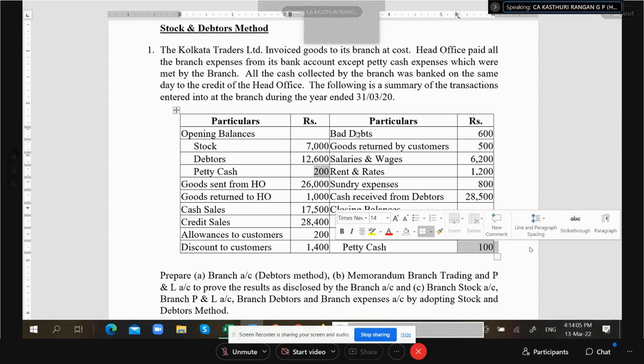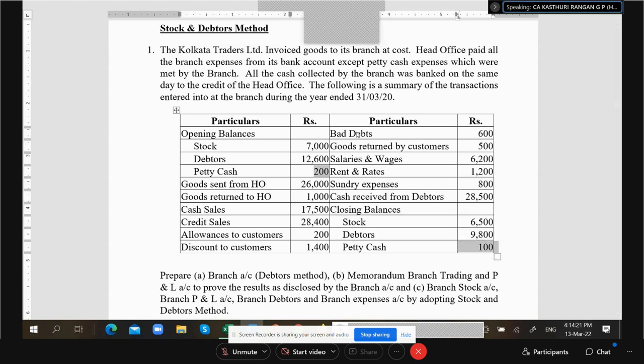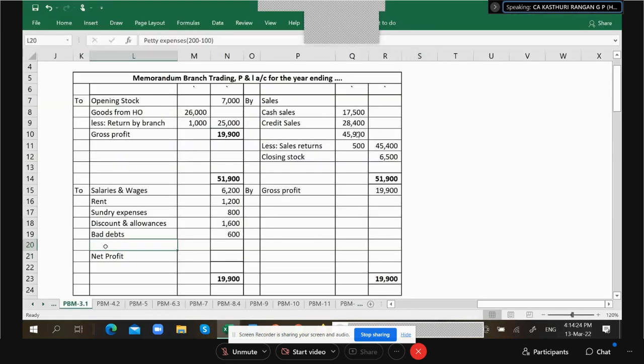From the petty cash, the branch has incurred some expenditure. So the difference in petty cash is nothing but petty expenses met at the branch. That is also expenditure of the branch, is it not? So you have to record that also. Then only you will get the correct answer. Understand?